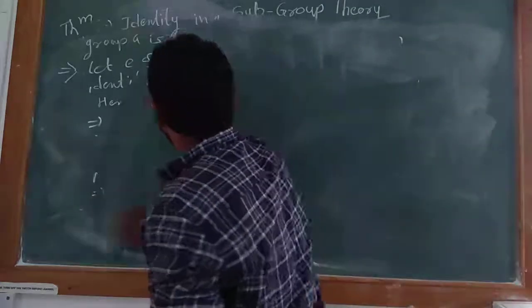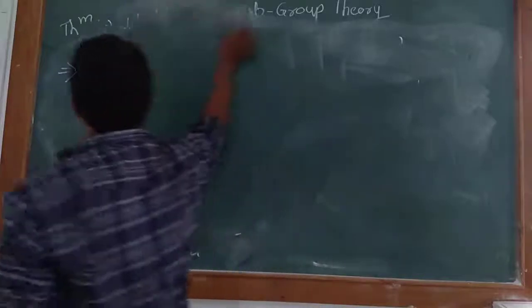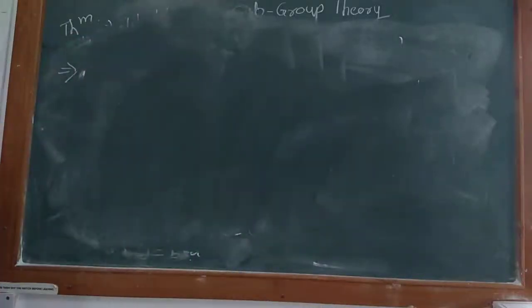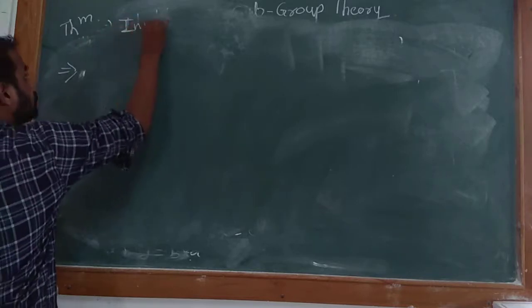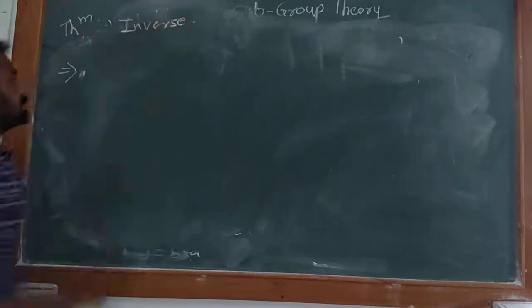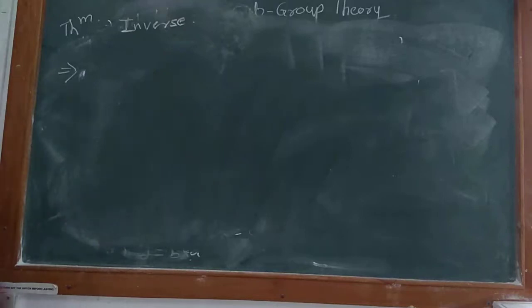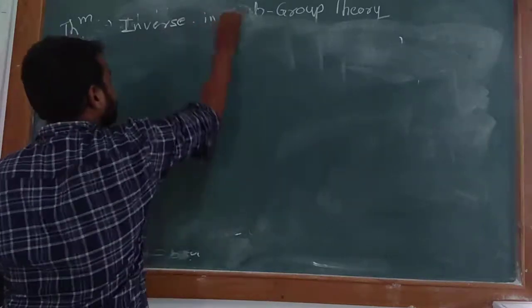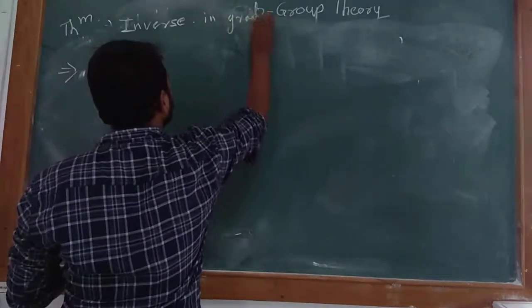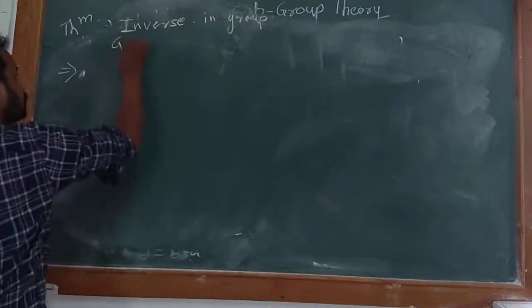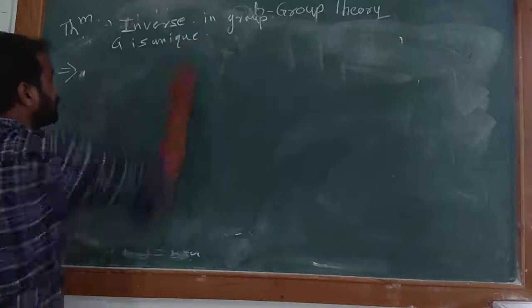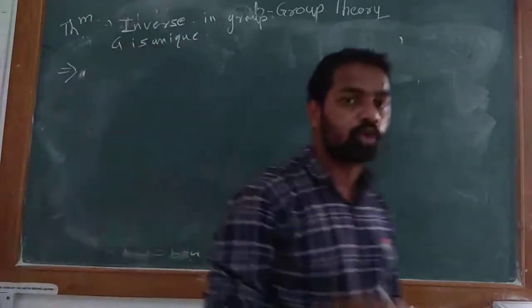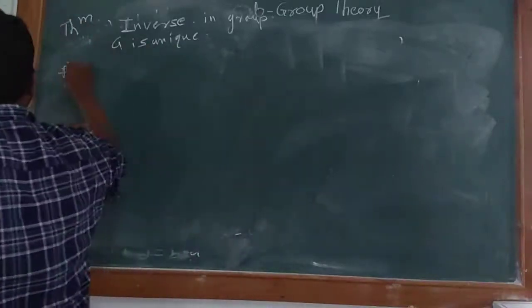Next, we have the next theorem: inverse in a group G is unique. That is, we have to show that inverse in a group G is unique. So, proof.